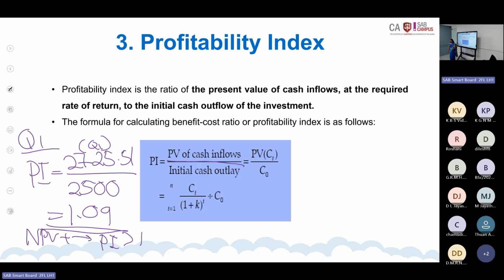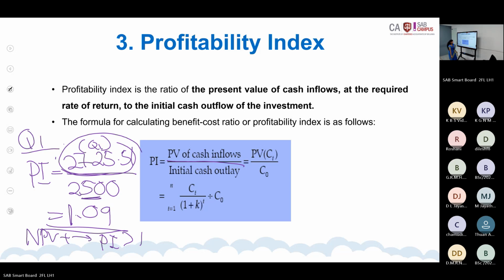NPV positive means it generates cash flow greater than the initial cash outlay, so the present value becomes higher than the initial cash outlay. Obviously it leads to a value of 1 plus, right? 1 point something or else 2 point something.